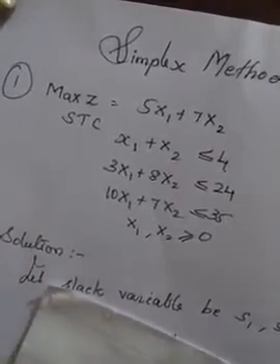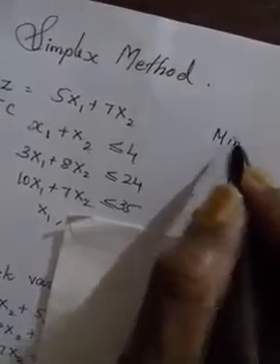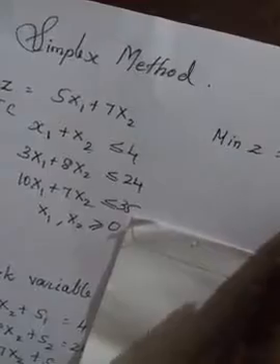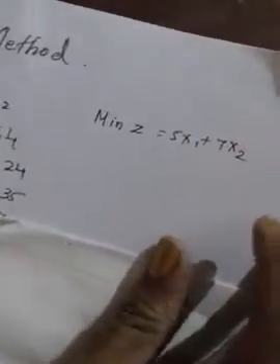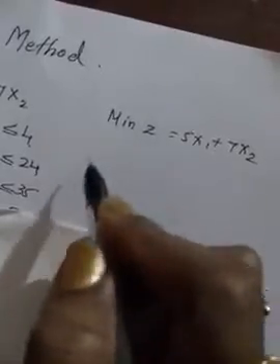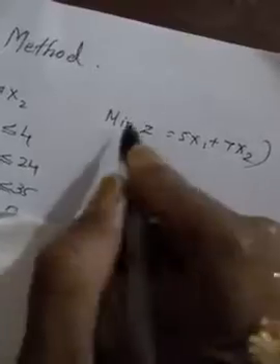Okay. So in case it is a minimization problem, if it is given like minimum z is equal to 5x1 plus 7x2, what you have to do is change this minimization into a maximization problem by multiplying the entire equation by minus 1.